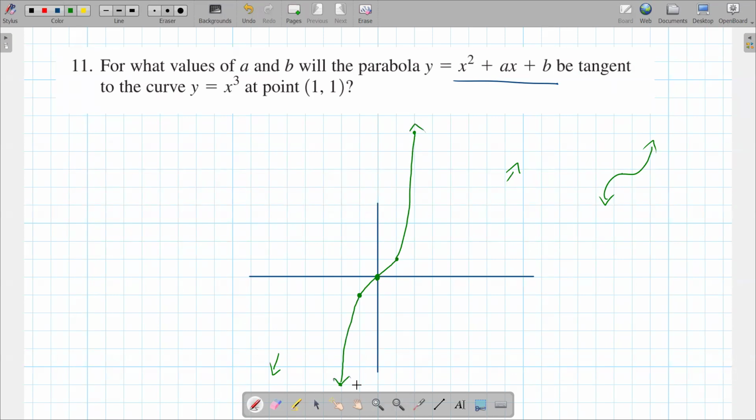For what values of a and b will the parabola be tangent to the curve at the point (1, 1)? So we need a tangent right here, right? How do we find that slope? You forget about this. Just using this, how can we find that slope?